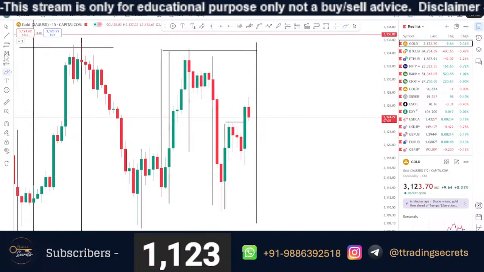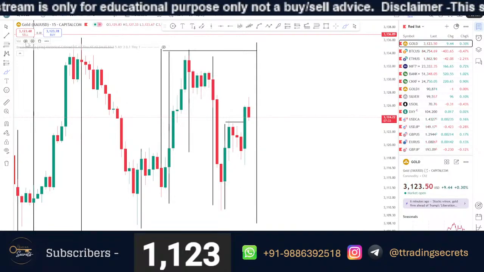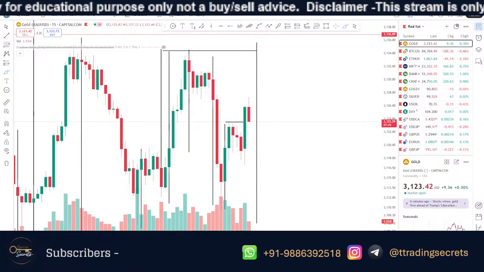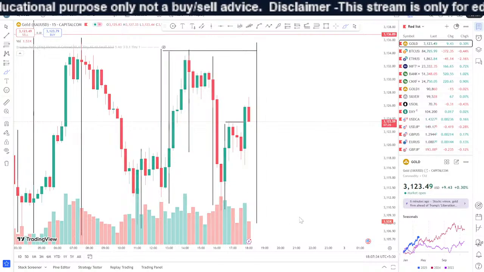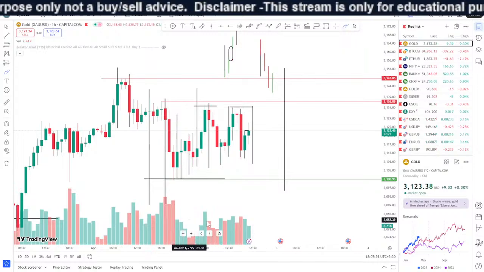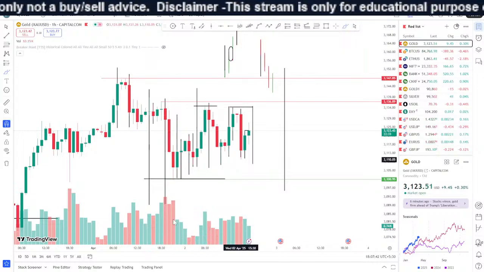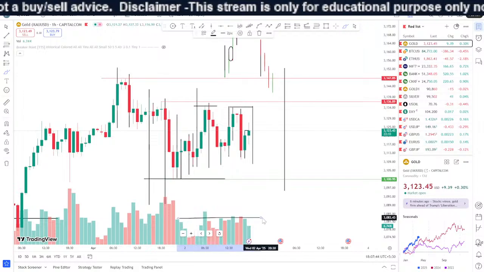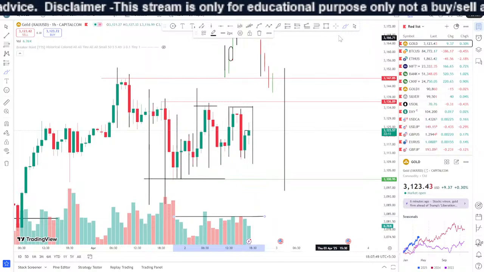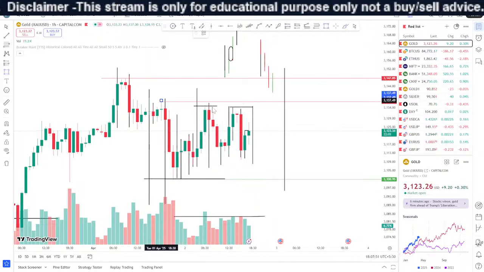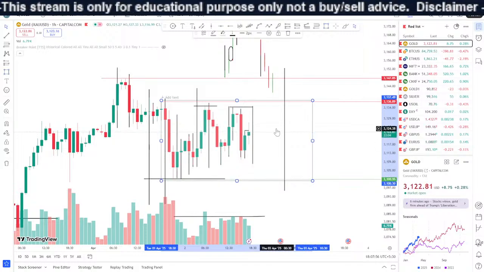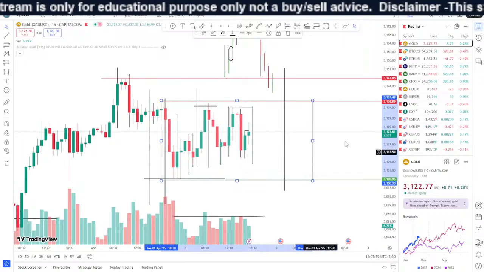Did you check the volume? What is volume indicating in 1 hour? Volume is stable. Okay. In the stable zone of action, what is the market trying to do? The market is trying to be in the zone. So this is the zone of 1 hour. In this zone of action, what plans do you have to follow?